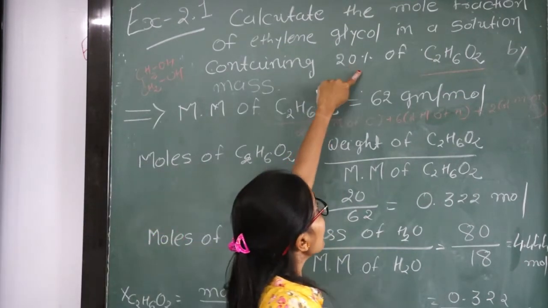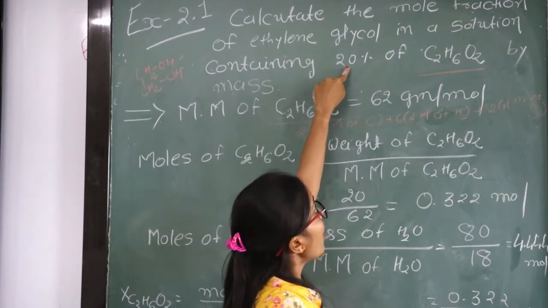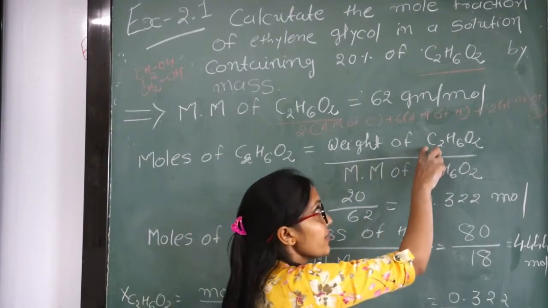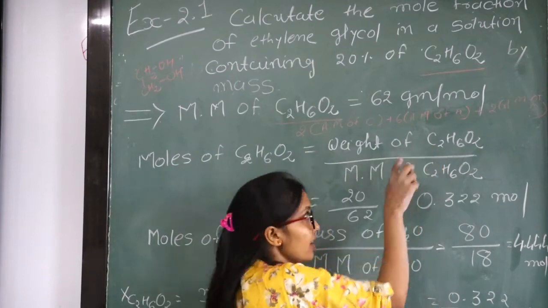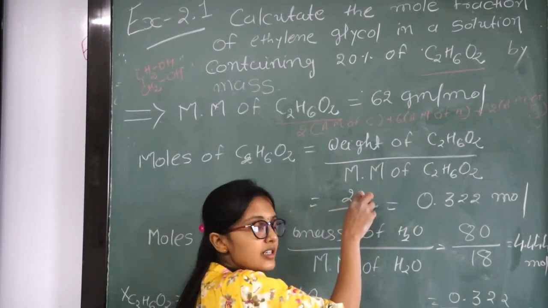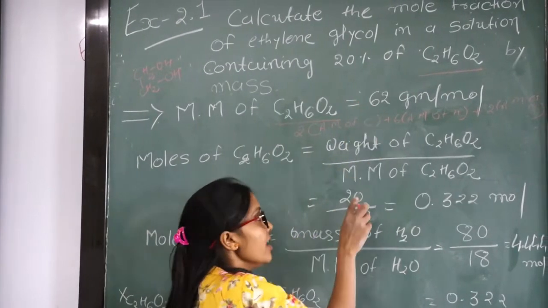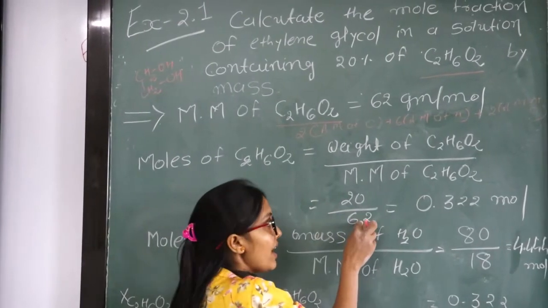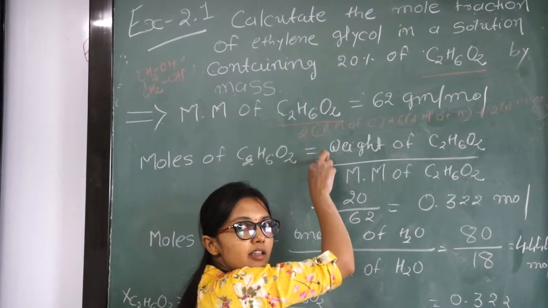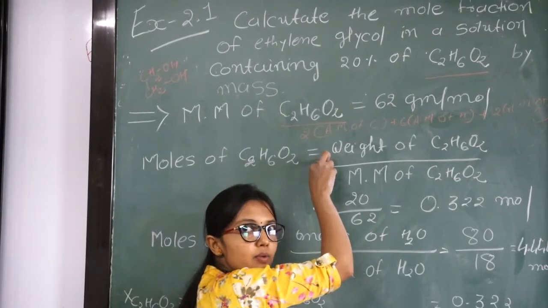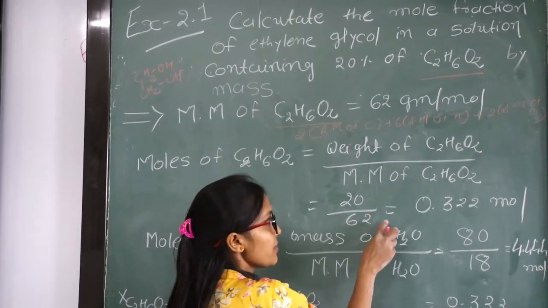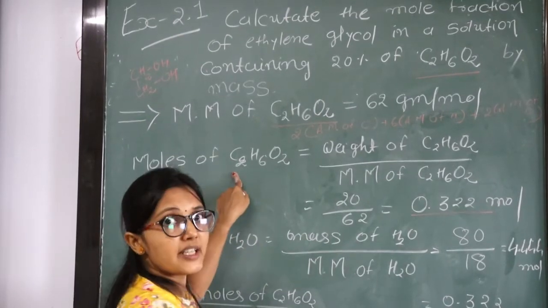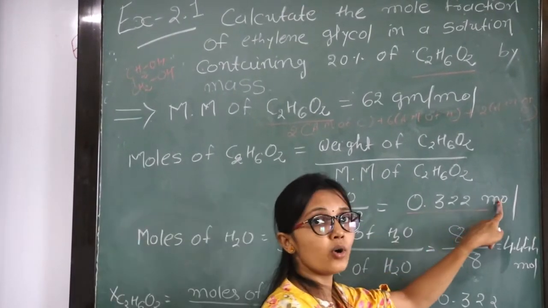The value is already given, 20% of C2H6O2 mass, so we use 20 as the mass of ethylene glycol, and 62 is the molar mass we already found. 20 divided by 62, the answer is 0.322 mole. Since it is moles, we use the unit mole.